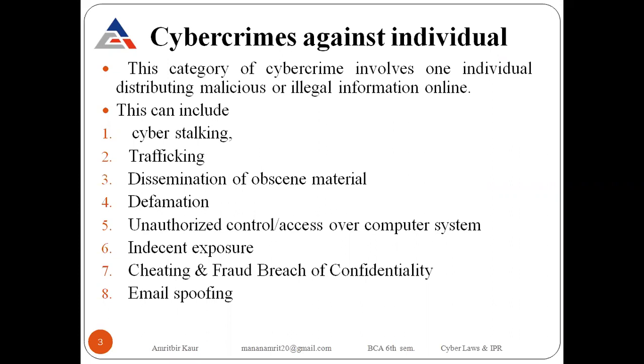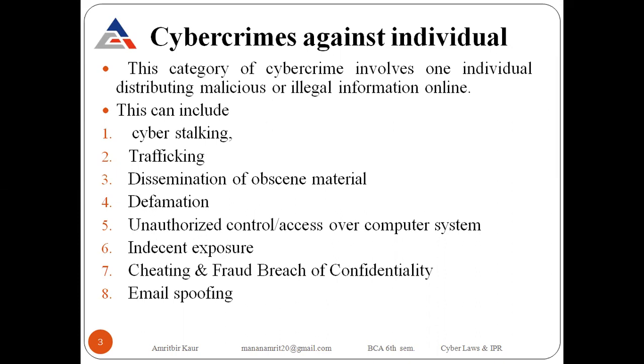So cybercrime against individuals can include cyber stalking, trafficking, dissemination of obscene material, defamation, unauthorized control access over computer systems, indecent exposure, cheating and fraud, breach of confidentiality, and email spoofing.